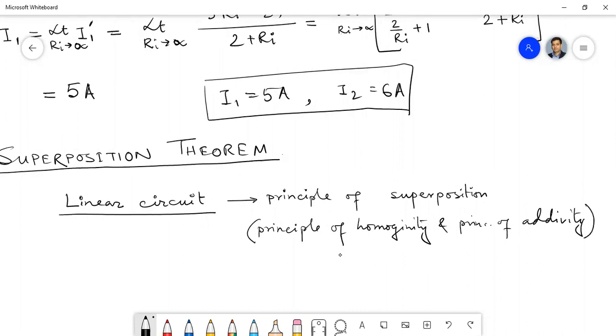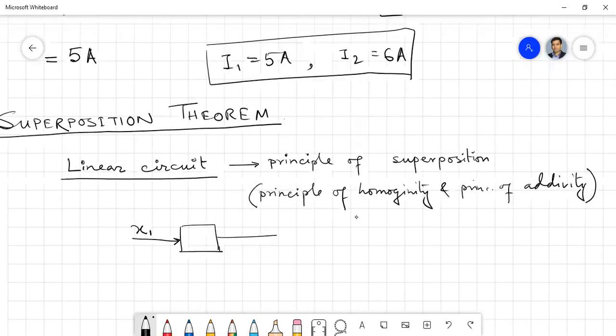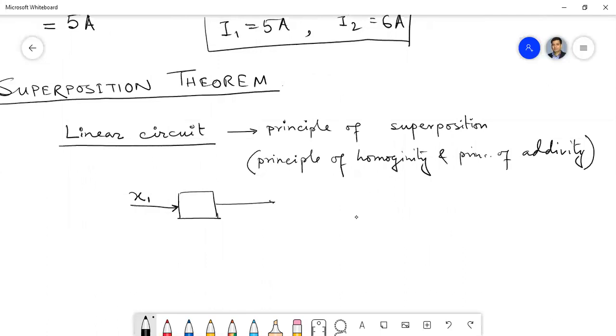Now what is principle of homogeneity? Suppose we have an element like this, like a black box, and suppose we have an input x1, and the output is y1.